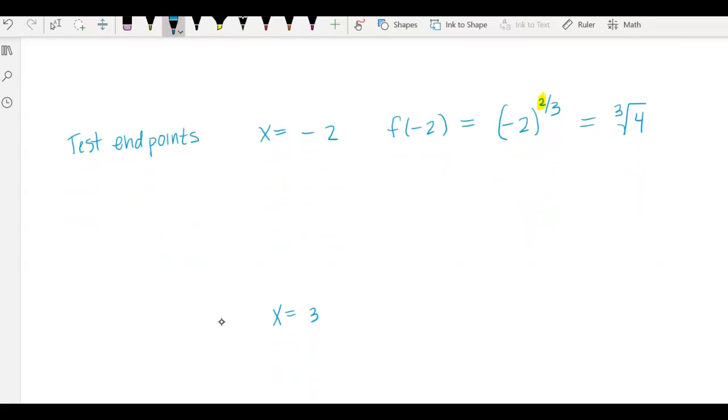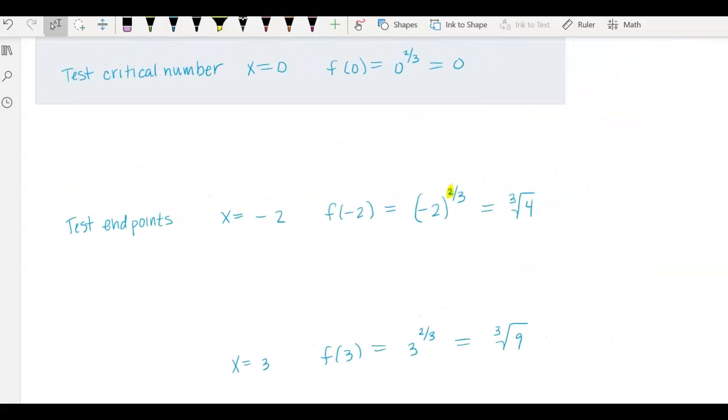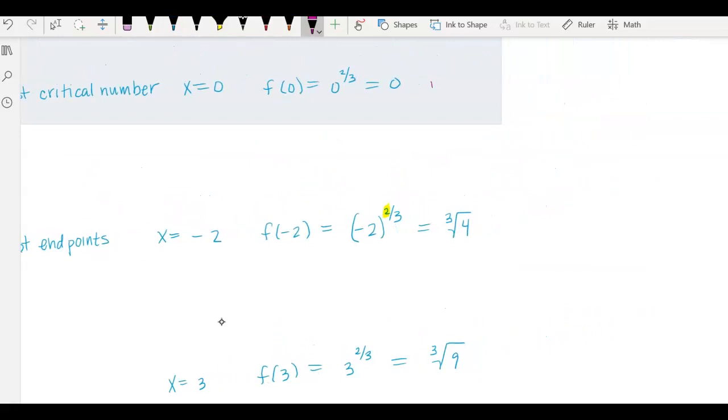And then similarly down here, I'll square the 3, which will give me 9, and then take the cube root of that. So looking at our three values, obviously this is going to be our min at 0, 0. And this is going to be our max at 3 cube root of 9.